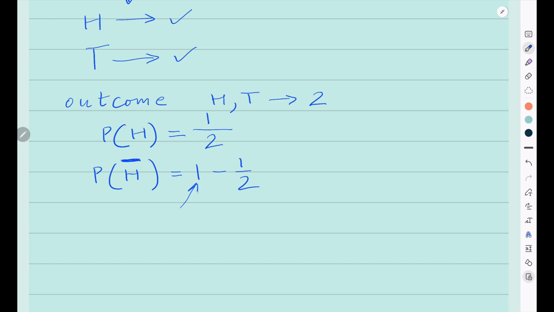Because 1 signifies that when we toss a coin, either head or tail will certainly come. There is no other outcome possible, and that is what this 1 represents: something will come. So by putting the probability of H with a dash, we say it is 1 minus 1 by 2, which again is 1 by 2.